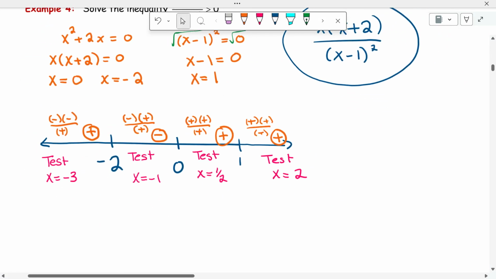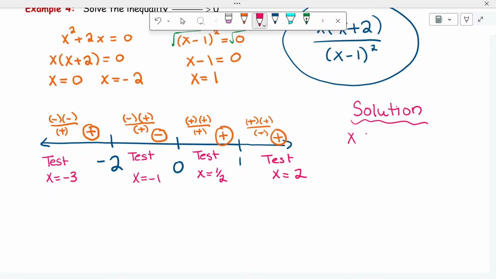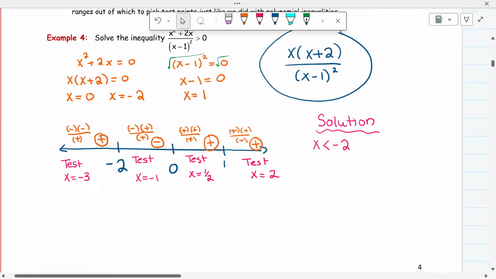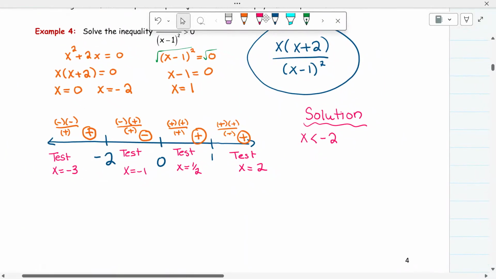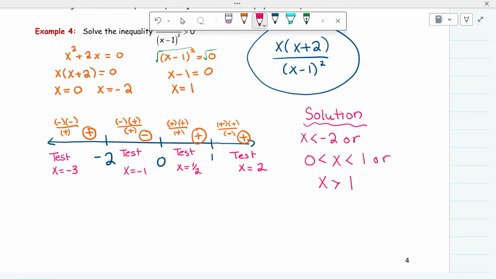So then my solution would be x is less than -2, or between 0 and 1, and greater than 1. Sometimes students ask me, can I just put 0 to infinity?